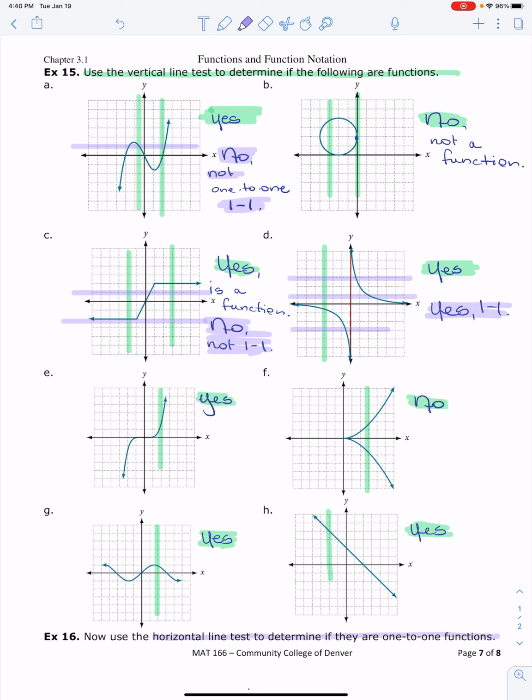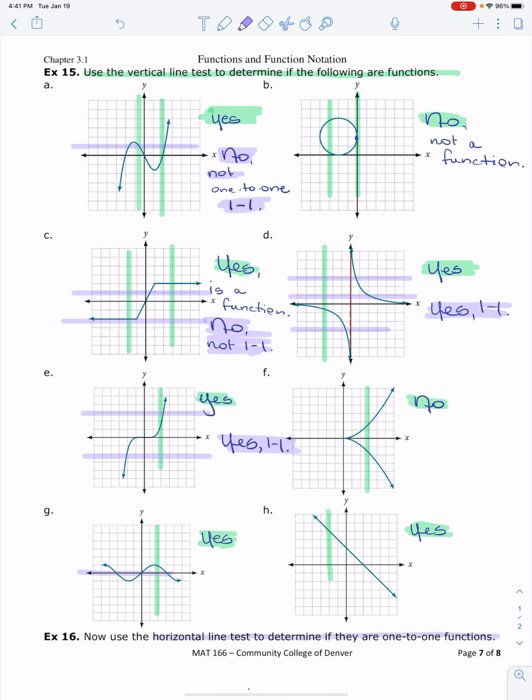Let's take a look at E. Horizontal line here, only crosses once. Horizontal line here, only crosses once. So F is not a function, so it cannot be a 1-to-1 function. G is going to cause a problem for us.